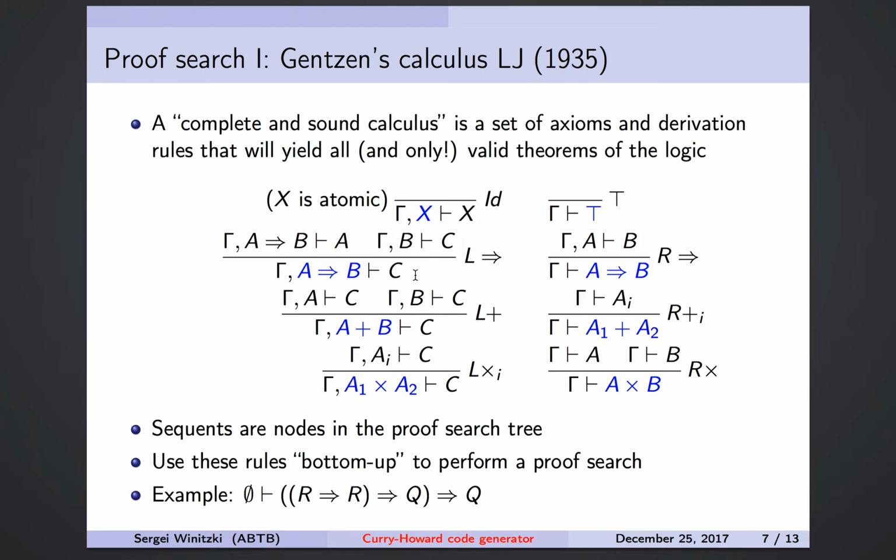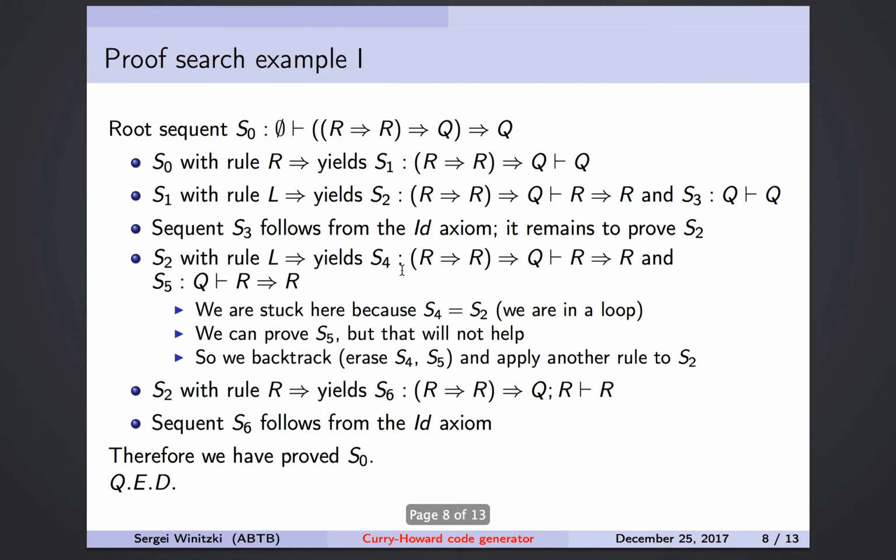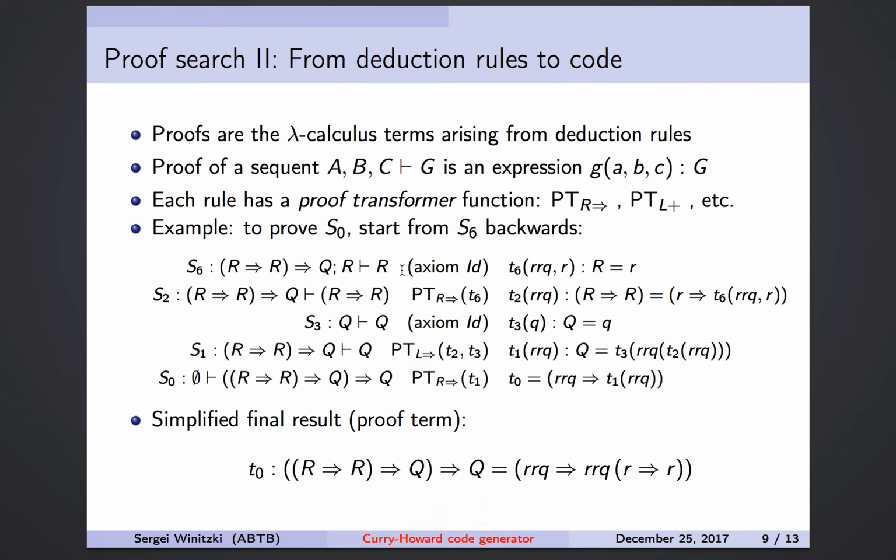So that transformer function is literally a function of these two arguments and gives you this as a result. So it takes the proof of this as the first argument, the proof of that as the second argument, and returns an expression which is a proof of that. So these are functions that we need to build.